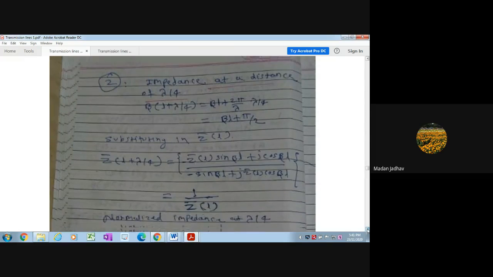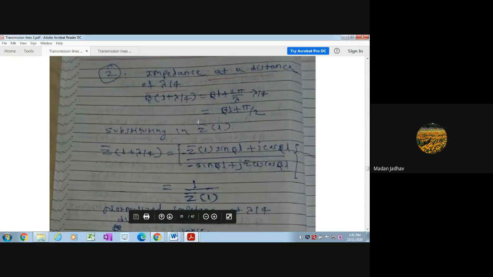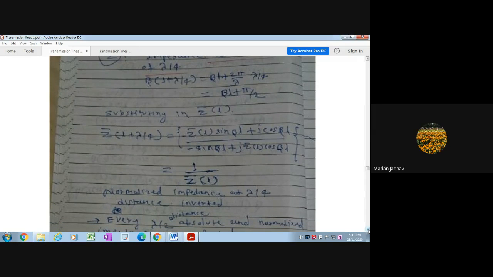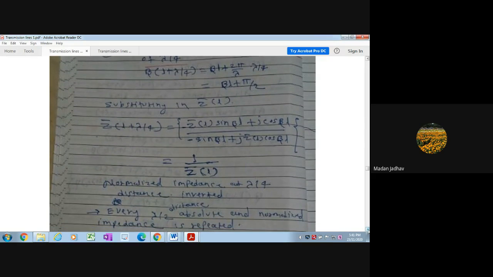Suppose at distance L the impedance is Z of L, then at distance L plus lambda by 4 the impedance is 1 upon Z of L. This is one of the real facts for the transmission line. In one sentence, the impedance is repeated after lambda by 2 distance and inverted after lambda by 4 distance.